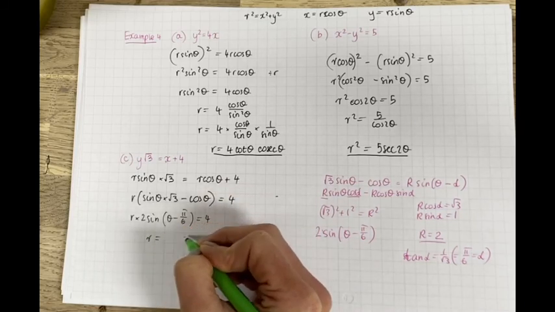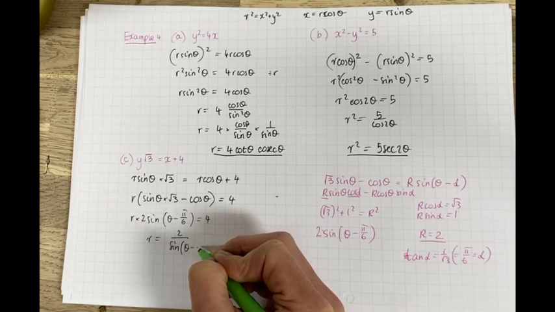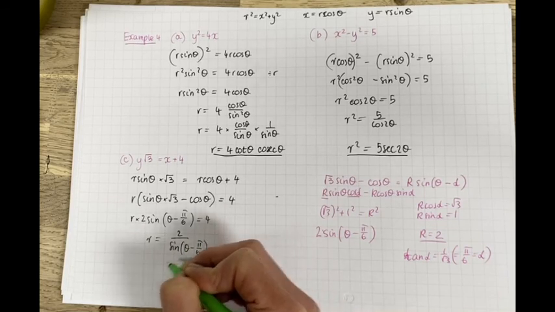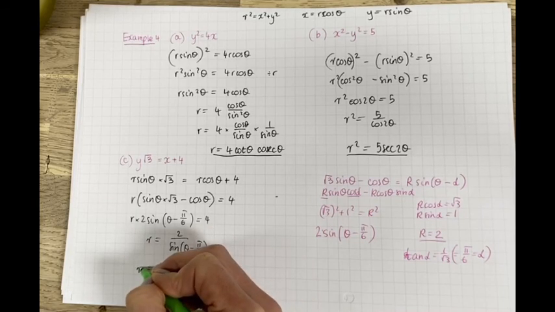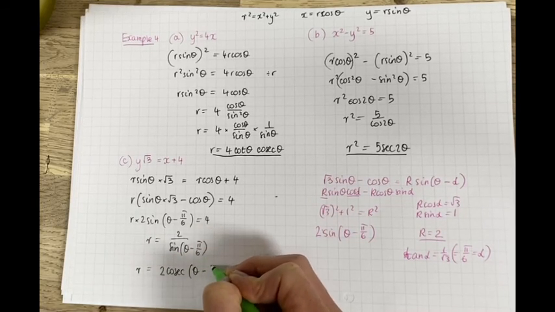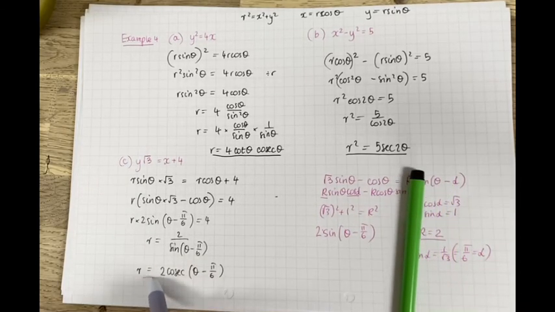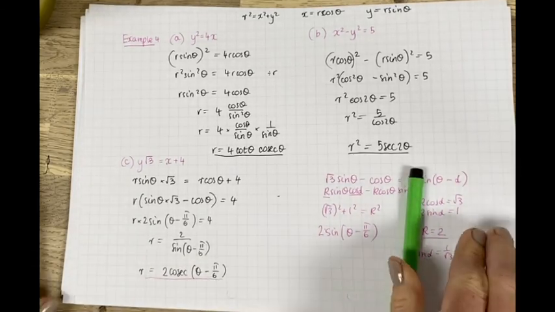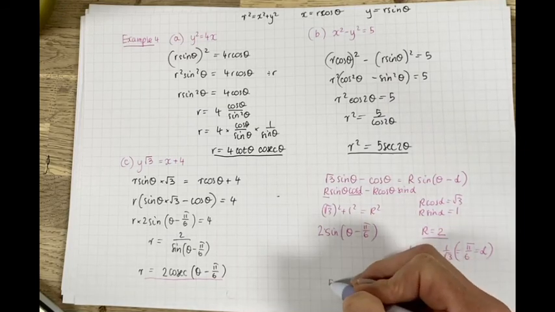So r is equal to 2 over sine theta minus pi over 6, which is 2 cosec theta minus pi over 6. There you go. So that was example 5. You are ready to move on to exercise 5a.